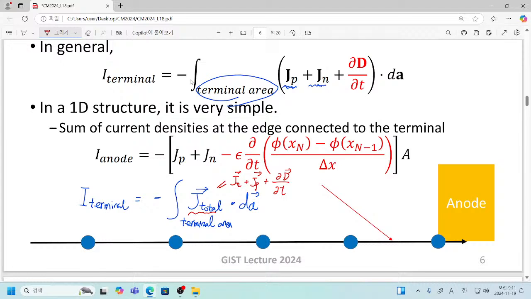So this term is called displacement current density, and it should be included in our consideration.